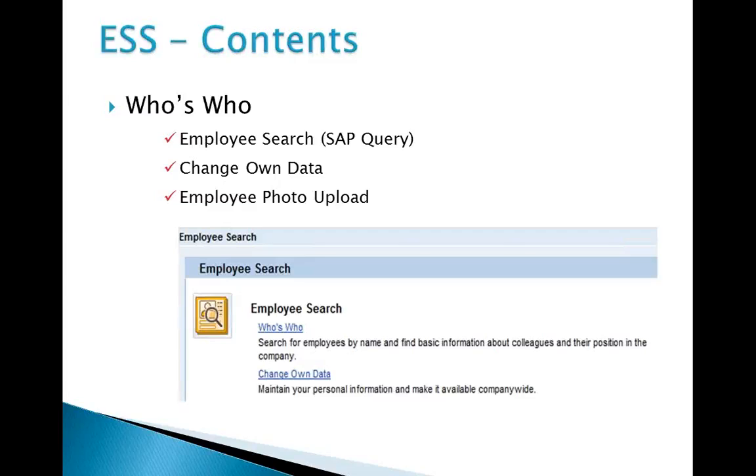These are the different services available here. This is available in WebDynpro Java, not in WebDynpro ABAP. I mean, this Who Is Who portion is not available in WebDynpro ABAP. Exactly.